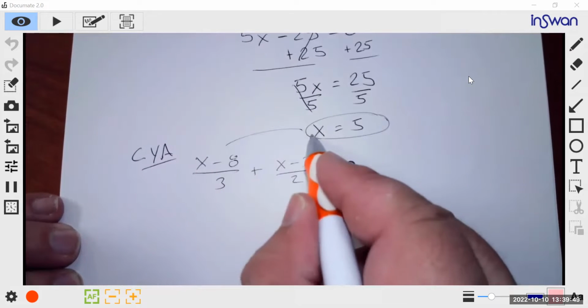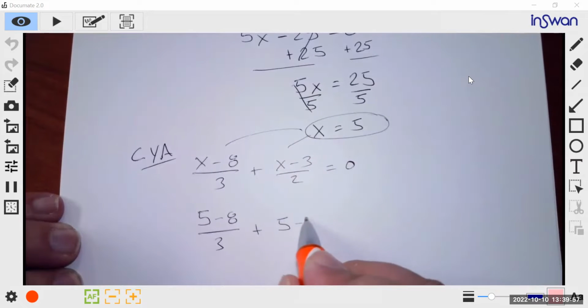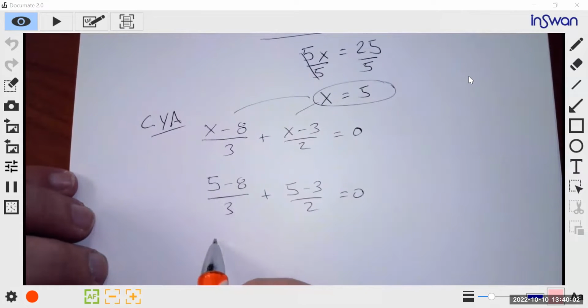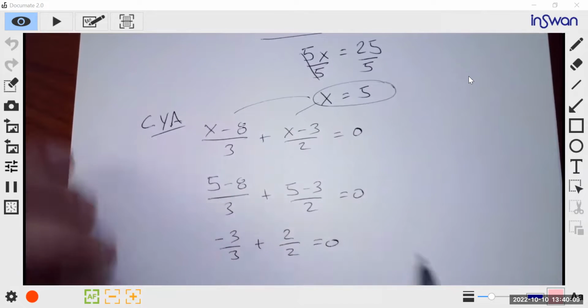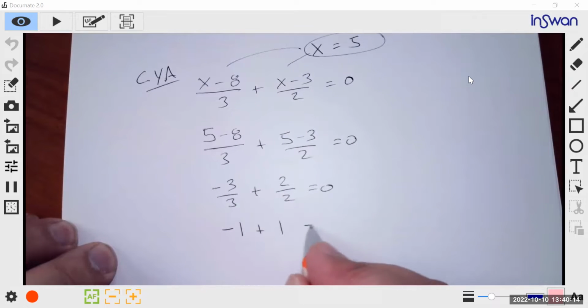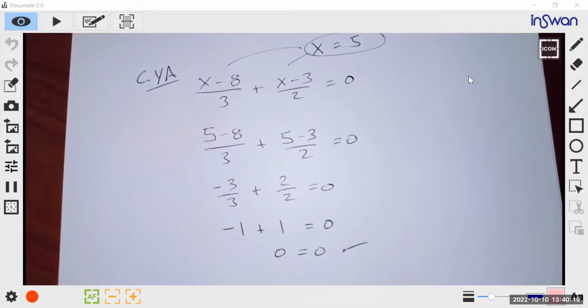So anywhere you see an x, you put a 5. 5 minus 8 over 3. 5 minus 3 over 2. 5 minus 8 is negative 3 over 3. 5 minus 3 is 2 over 2. Negative 1 plus 1 is 0. That's why it always helps. Always, always, always check your answers. You'll know what's going on if it's right or wrong.